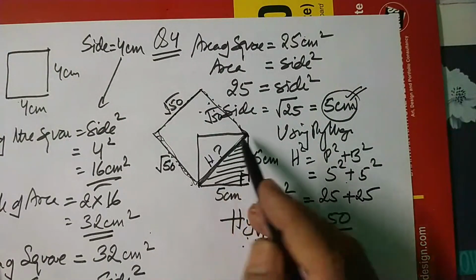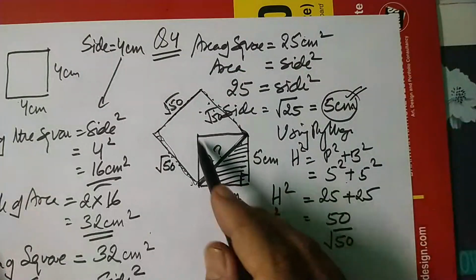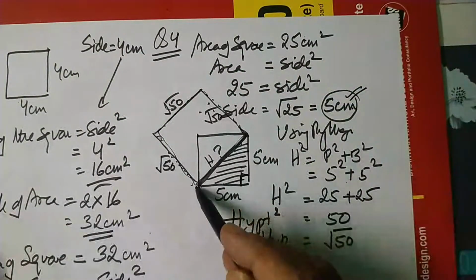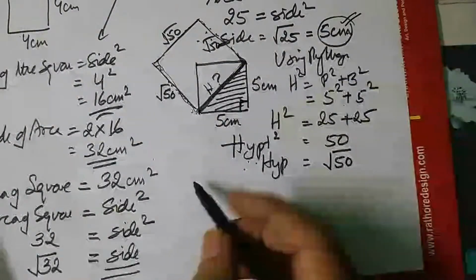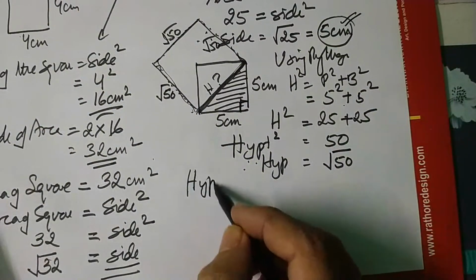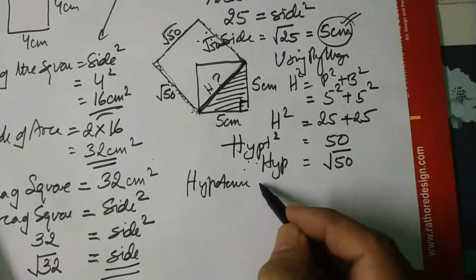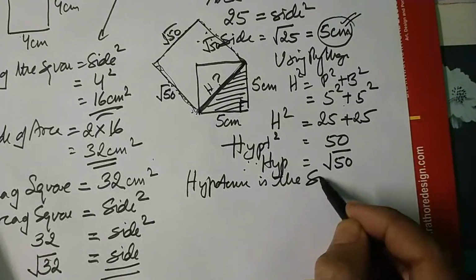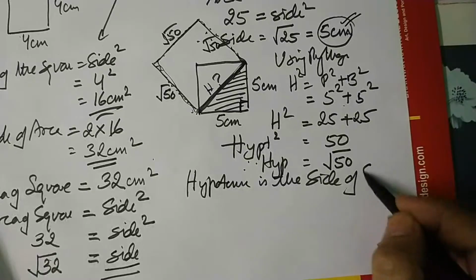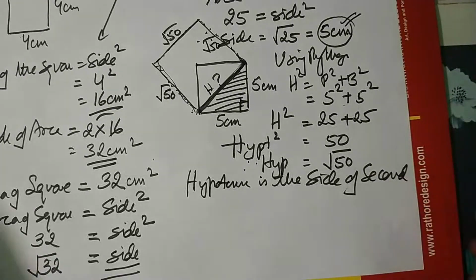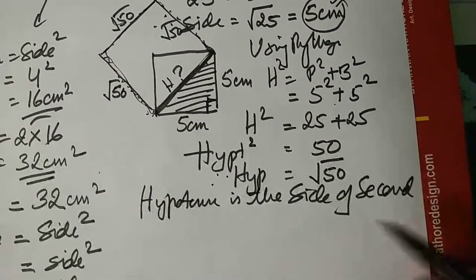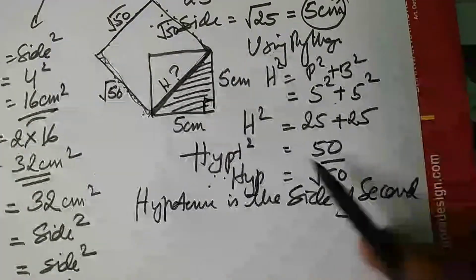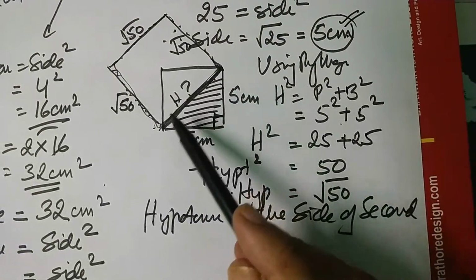H comes for the small square. This hypotenuse is the side of the second one. The hypotenuse which we have found, under root 50, is the side of the second square.